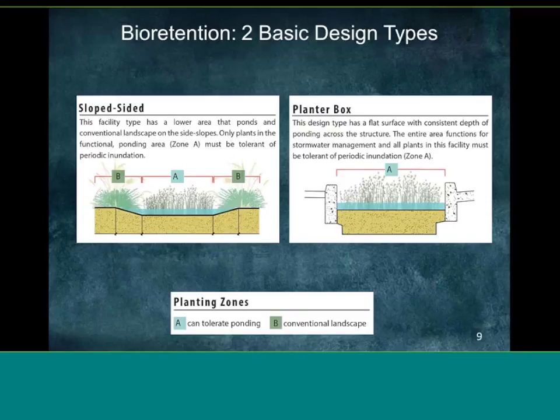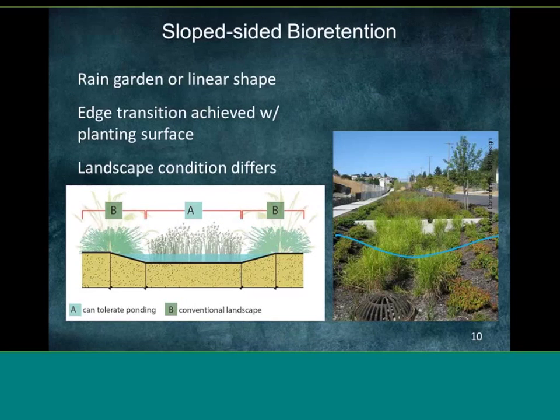There are a couple different ways that engineers will design bioretention systems. You'll see a slope-sided design, like this image on the left, or a planter box design. The slope-sided designs are used for rain gardens and for linear bioretention swales, and the way that they're different is that they have slopes on the sides.